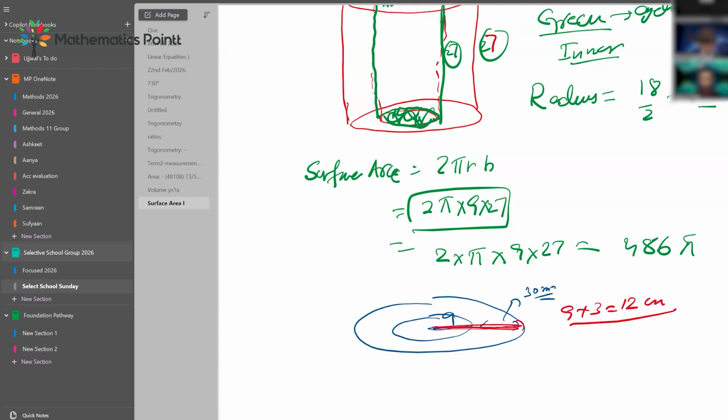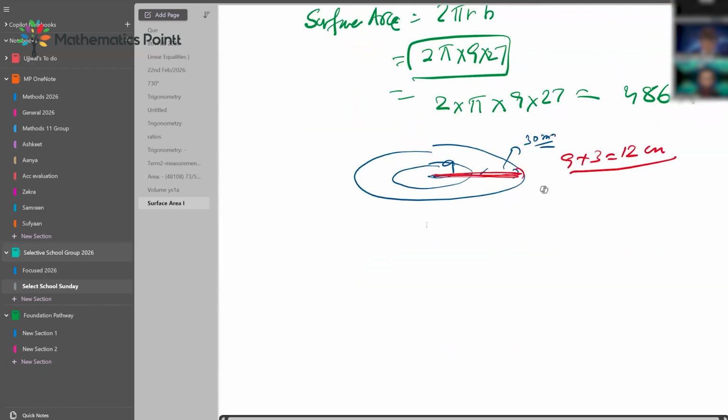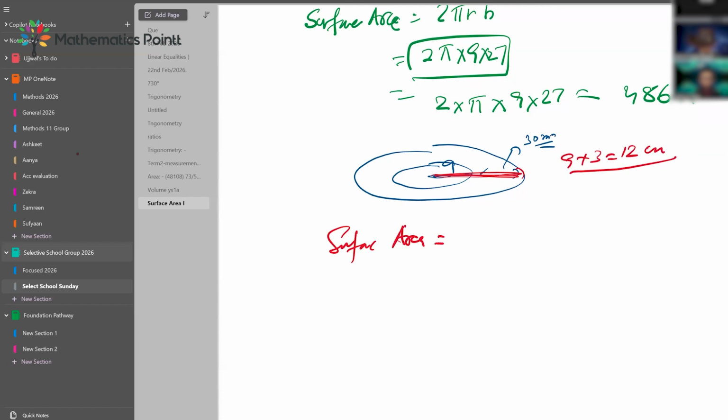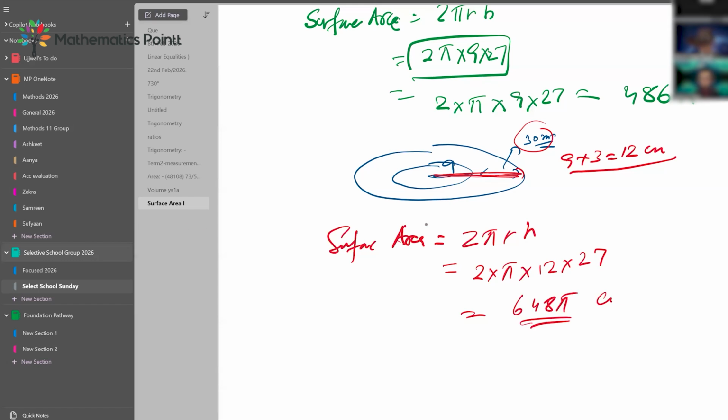So finally, the surface area of the outer cylinder is just 2 pi r h. It is still hollow, I'm not adding the pi r square here. 2 times pi times r is now 12 and height is 27, and that comes to 648 pi centimeters.